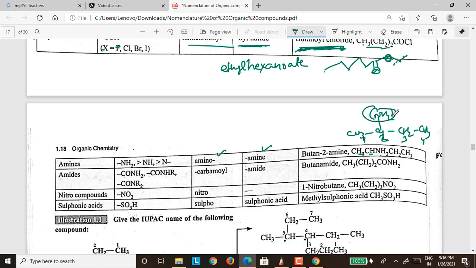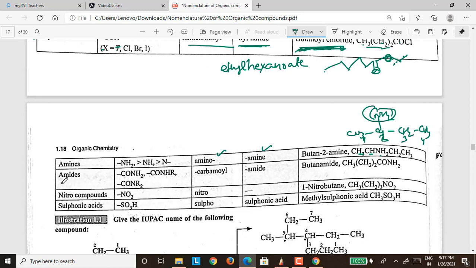You have to give the suffix as amine. So you say butan-2-amine, or butanamine-2. You can also give butanamine-2.